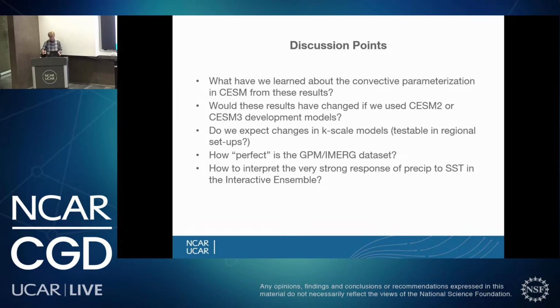And one point is the general thing that the convective precip in the model was higher than ERA 5. That was seen at the low resolution of CSM1. So we can look in low resolution CSM2 or 3 development to see these metrics, even though we don't have a high resolution coupled CSM2 or 3.